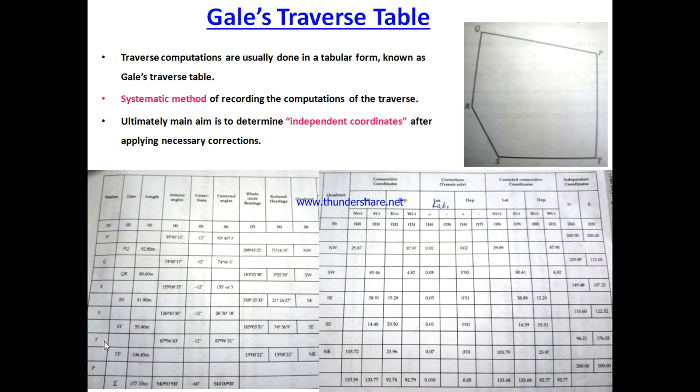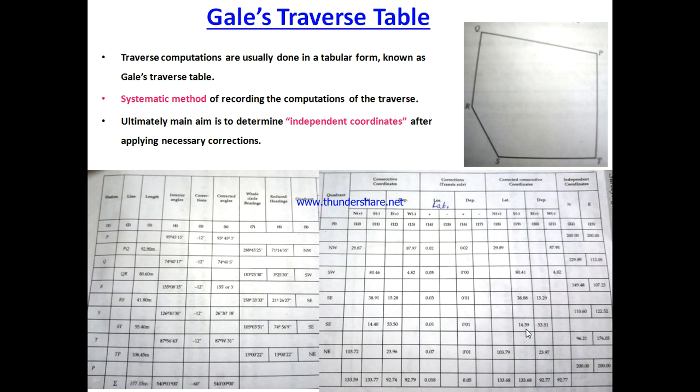Suppose for station T, if I want to calculate the independent coordinate, I will look for the corrections made in station S. It is coming as 14.39 meter in the south direction and 53.51 meter in the east direction.